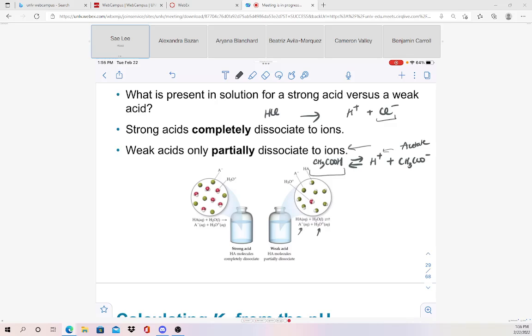In this system you will find more acetic acid molecules than the dissociated ionic forms of the acid. So we say a weak acid only partially dissociates to ions. That's the major difference between strong acids and weak acids.